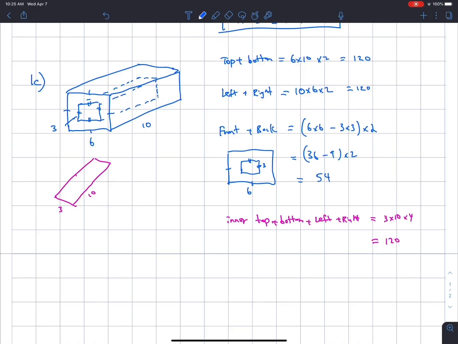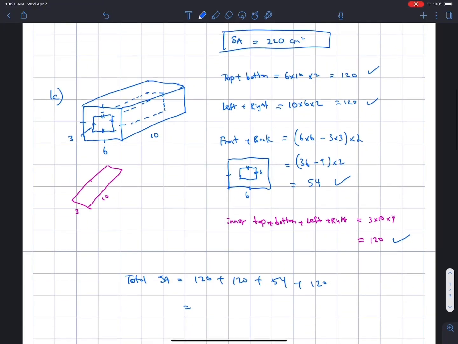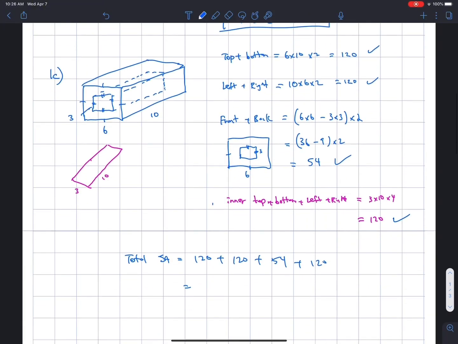Okay, so now the total surface area is going to be 120 plus 120 plus 54 and then plus 120. So you really want to double check with your teacher if the teacher wants you to include the inner top, bottom, left, right, if you get these kind of questions at school.